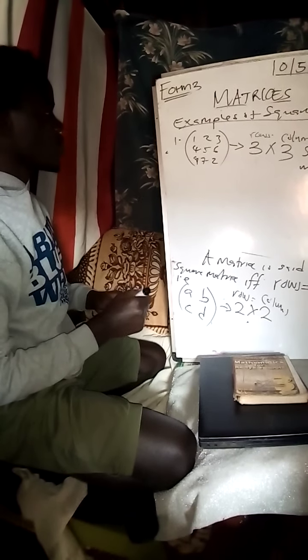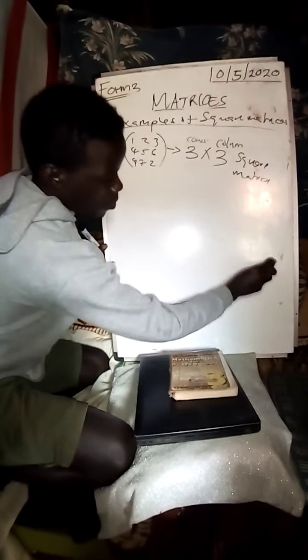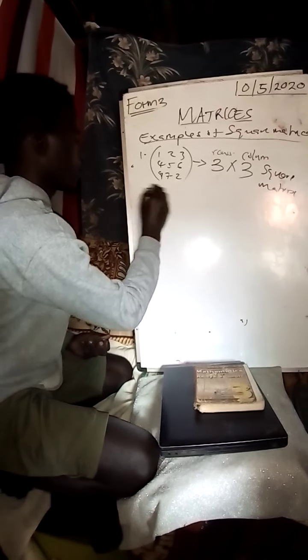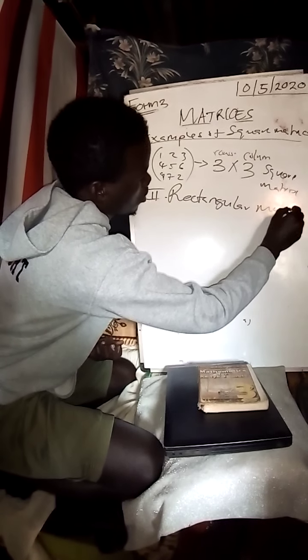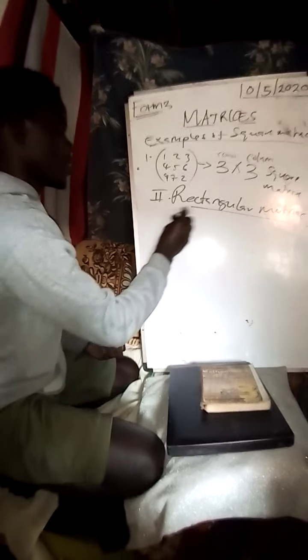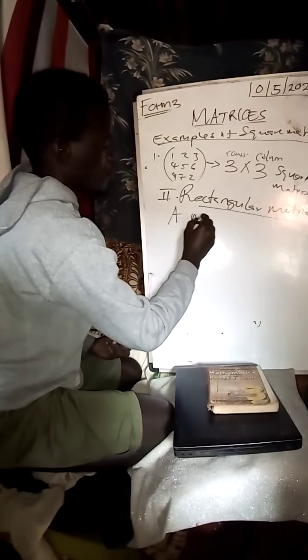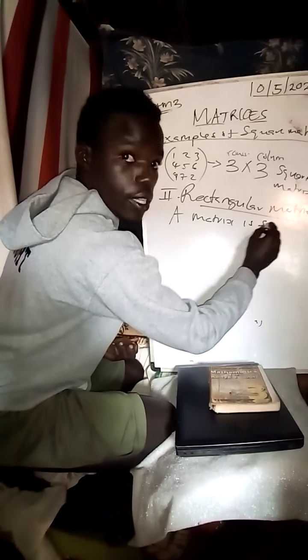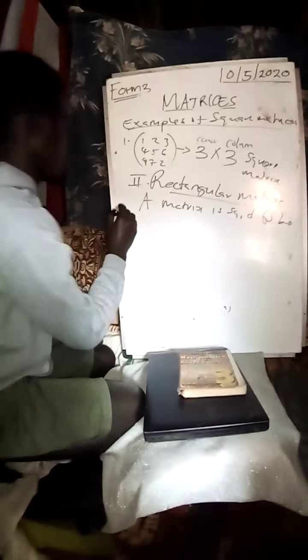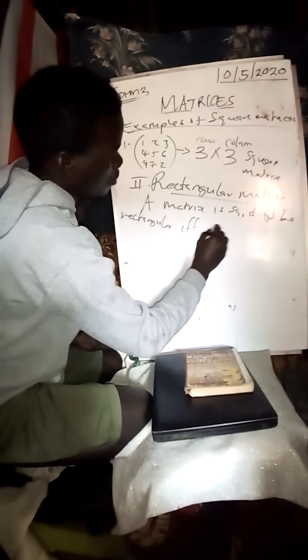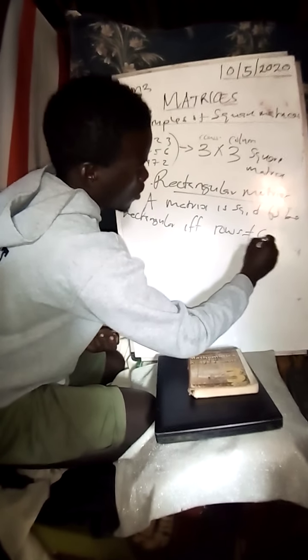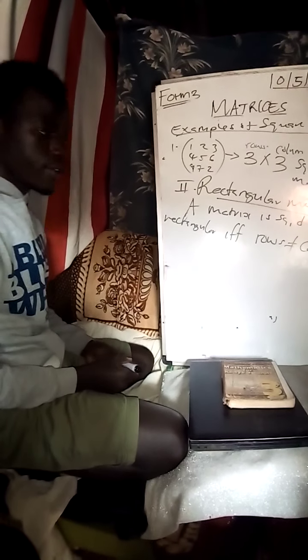Secondly, I'm going to talk about the rectangular matrix. A matrix is said to be rectangular if and only if the number of rows is not equal to the number of columns.